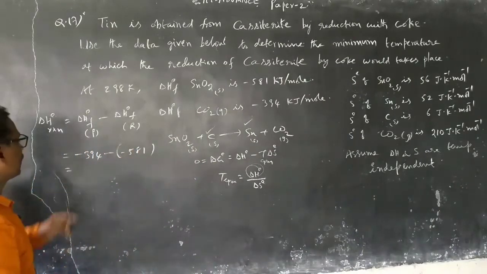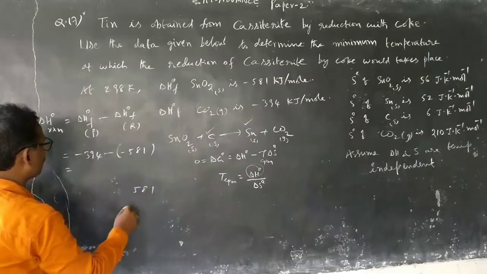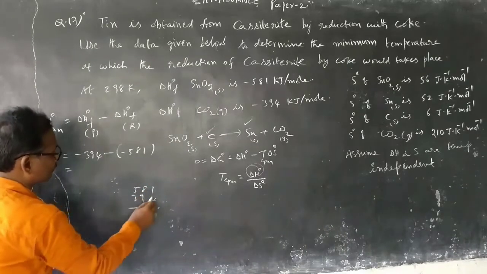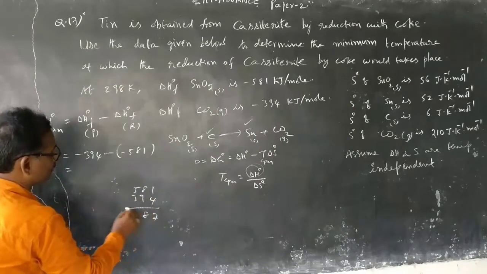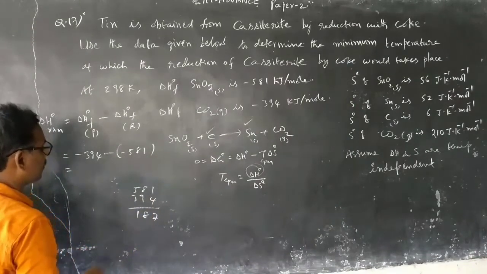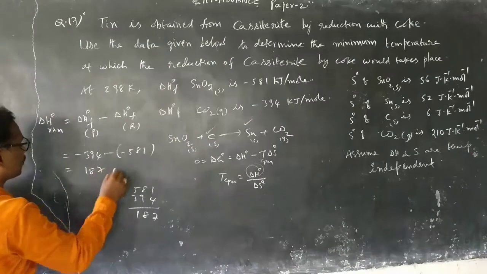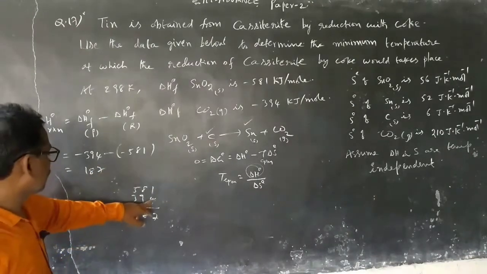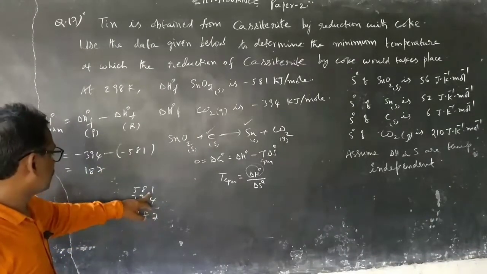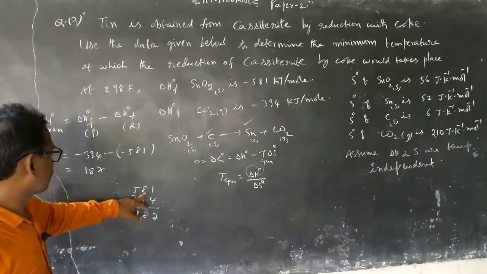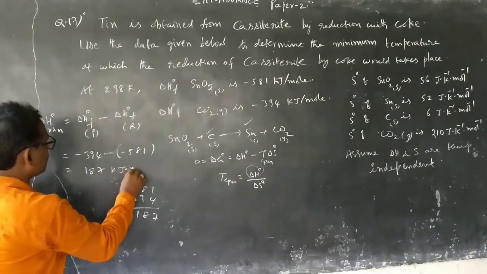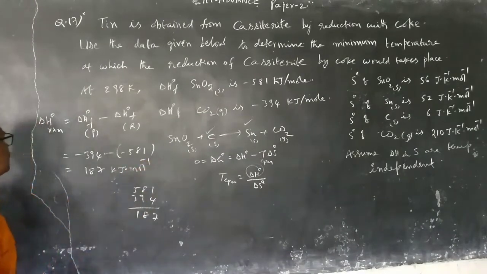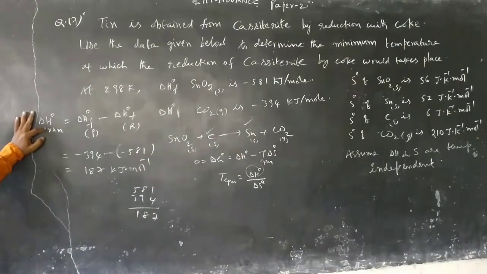That means the value will be 581 minus 394, which is 187 kilojoules per mole. This is the standard enthalpy change of the reaction.